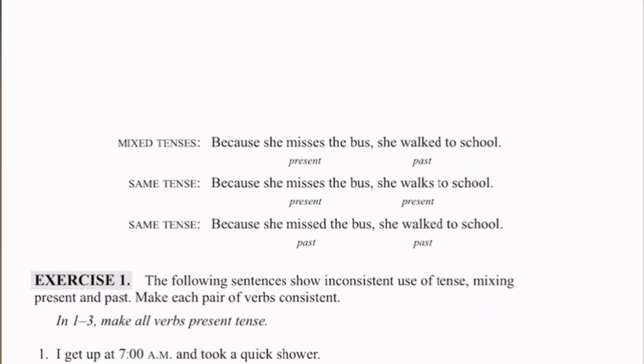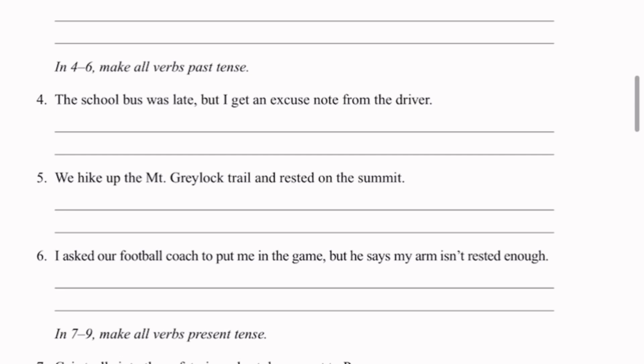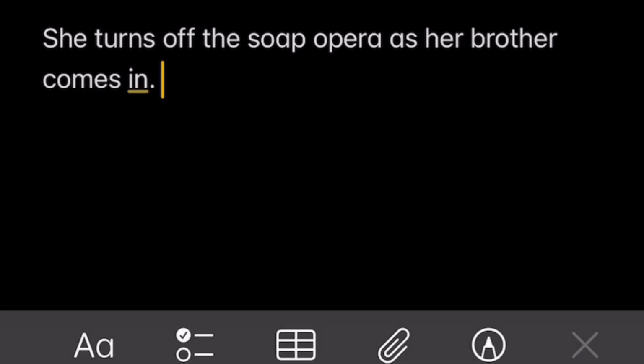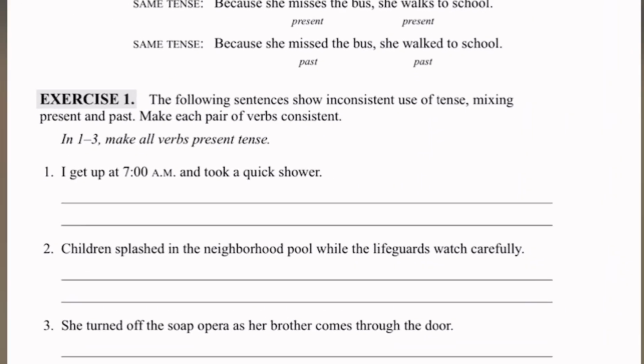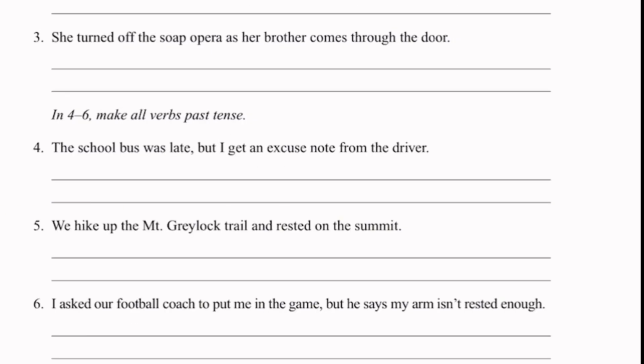Okay. What about let's make it past tense? The bus was late, but I get an excuse note from the driver. So to be what? The bus was late, but I what? The get we change to what? Got. So that's the past tense. Get changes to got. Okay. We hike up Mt. Greylock Trail and rested on the summit.